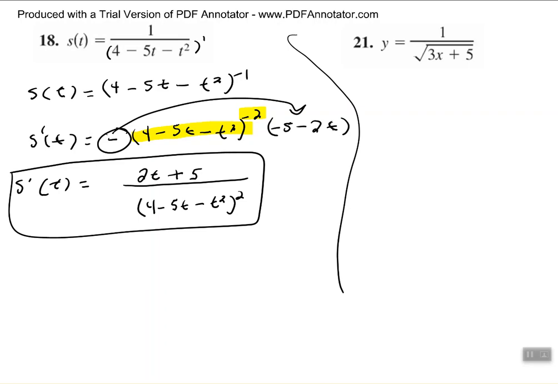Alrighty, let's look at number 21 here. So again, I want to rewrite this in exponential form. And then I want to move that up to my numerator.